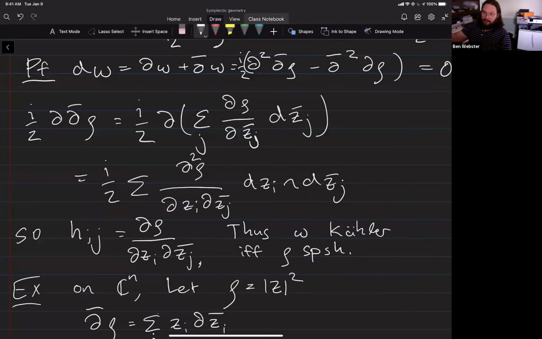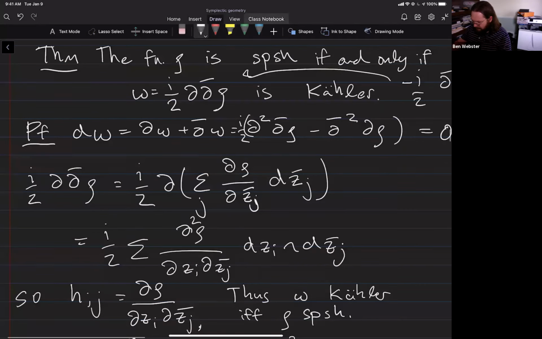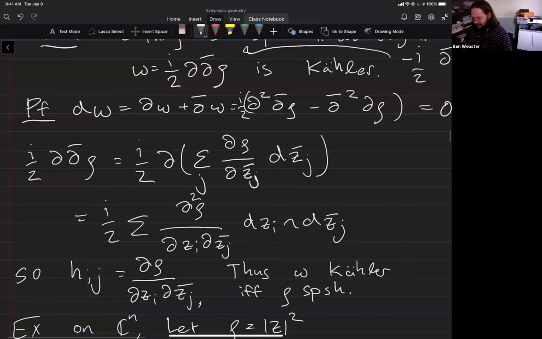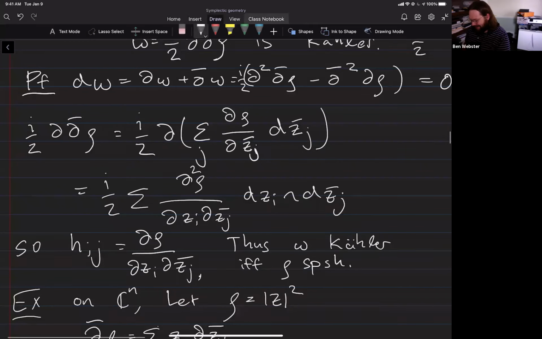So being strictly plurisubharmonic implies that this is Kähler. And similarly, if omega is Kähler, then these mixed partials exactly give me the matrix that had to be Hermitian positive definite, so my original function was strictly plurisubharmonic. Sorry, I'm just going to have to keep saying that, I know. They really should have come up with a better name.